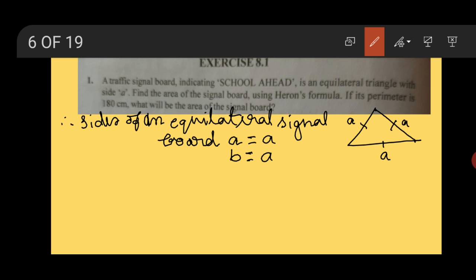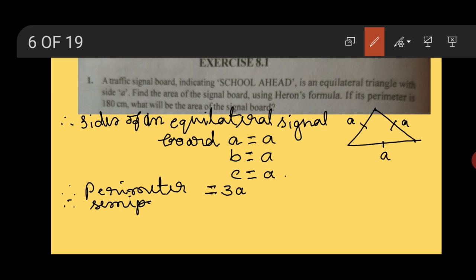Take this as a, b also a, and c also a units or a centimeter. Now, what is the semi-perimeter? We know the perimeter. Perimeter is equal to a plus b plus c is equal to a plus a plus a is equal to 3a meter. Therefore, we need semi-perimeter.